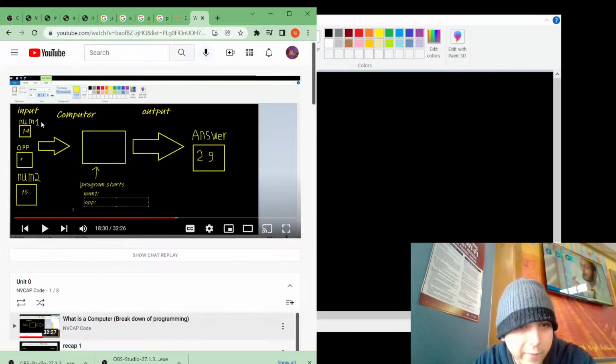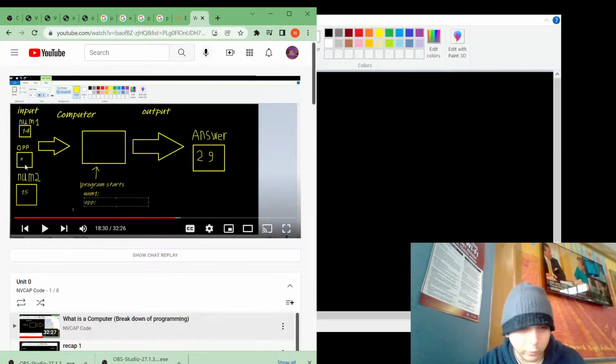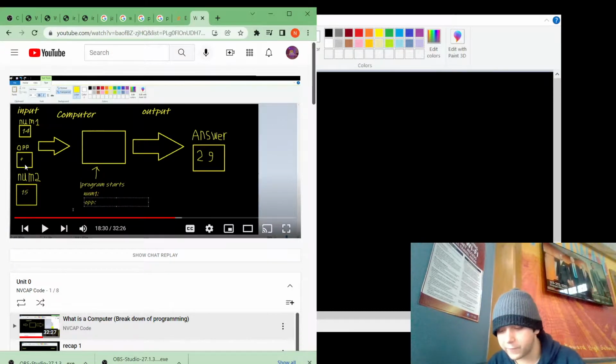A calculator is a computer, where you have, let's say, two numbers and an operator that the computer manipulates to turn into an answer. If you have a calculator without any programs, it wouldn't do anything. 5 plus 5 wouldn't equal anything.